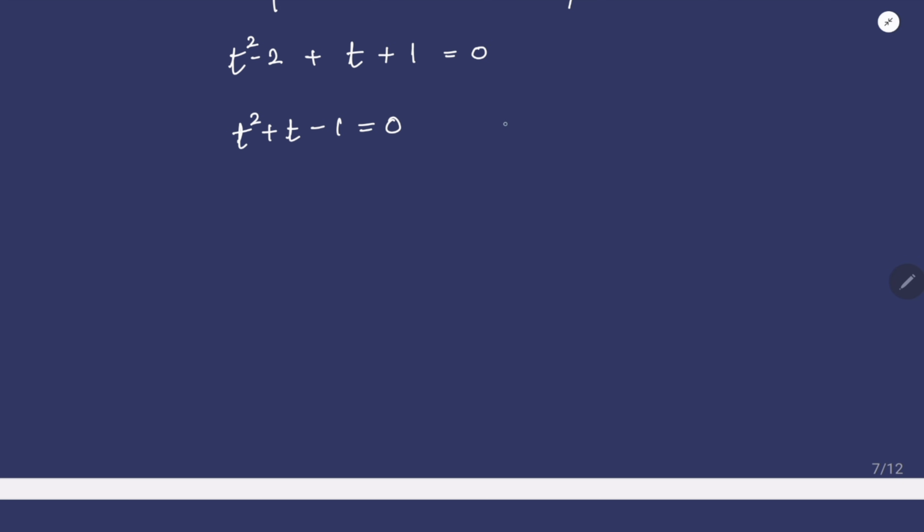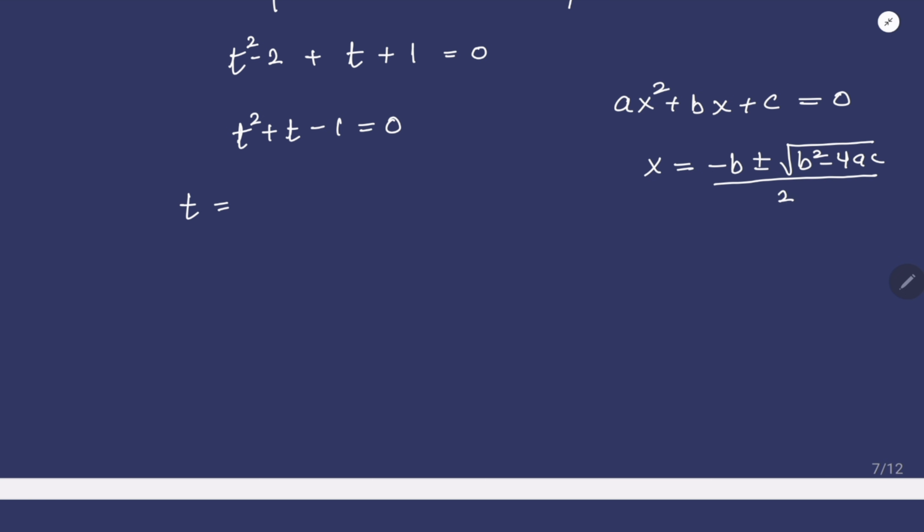Okay, now this is a quadratic equation. And how do we solve a quadratic equation? There is a formula. If you have one quadratic equation, ax square plus bx plus c is equal to 0, how do you find out the roots? x is equal to minus b plus minus under root b square minus 4ac by 2a. Okay, so here I will write what is a. a means coefficient of t square.